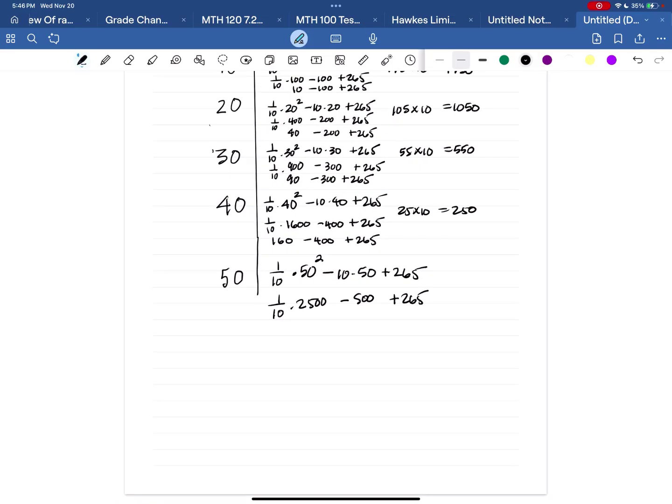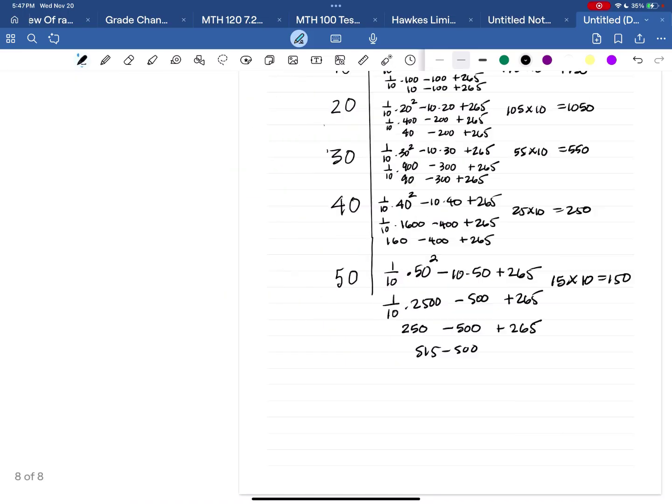So 1/10 of that is going to be 250 minus 500 plus 265. And let's see, 250 and 265 is 515 minus 500. So this is just 15 times the width of 10 is 150.